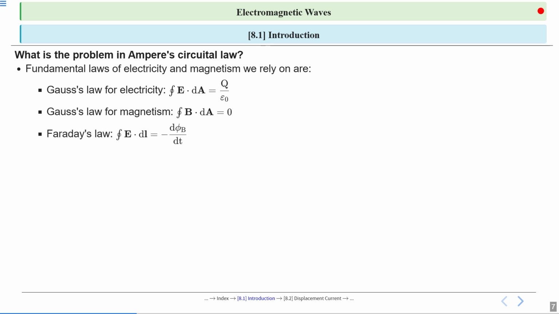Now Faraday's law. What was Faraday's law? EMF epsilon is equal to d phi B upon dt. EMF is a type of voltage, and we know the relation between electric field and potential difference: E is equal to minus dV by dr. So potential difference is somewhat EMF; they can be used interchangeably.